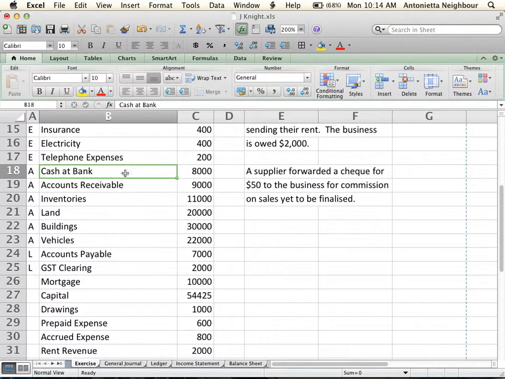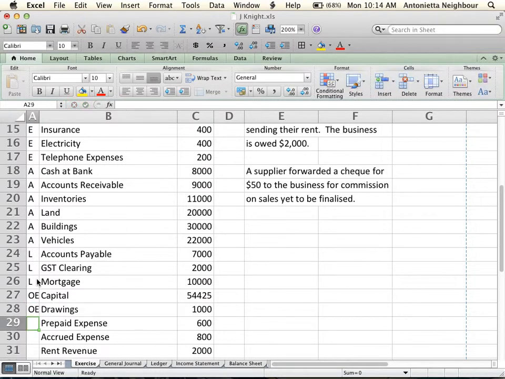If cash at bank happens to be an overdraft, it will say after cash at bank, CR for credit balance. Then you know it's not an asset. It's a liability. The same with GST clearing. Always assume that it is a liability, but if it happens to say DR after it, it's an asset. Mortgage is a liability.